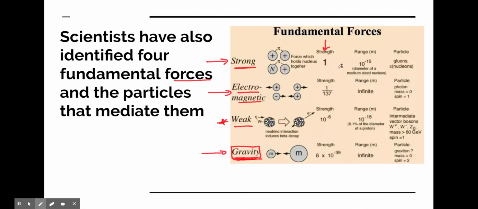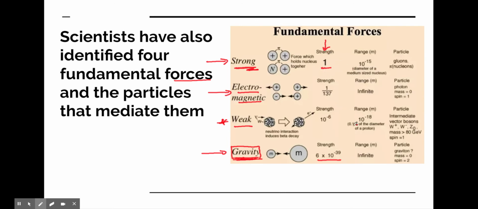On this chart, they've ranked the strong force, and they've given it a relative strength of 1. Well, if the strong force is a 1, look at how weak gravity is, like 10 to the minus 39. So you can only try and wrap your brain around the fact that for as much as you feel like you're being pulled down by gravity, the strong nuclear force that acts between the nucleons is way stronger than that.